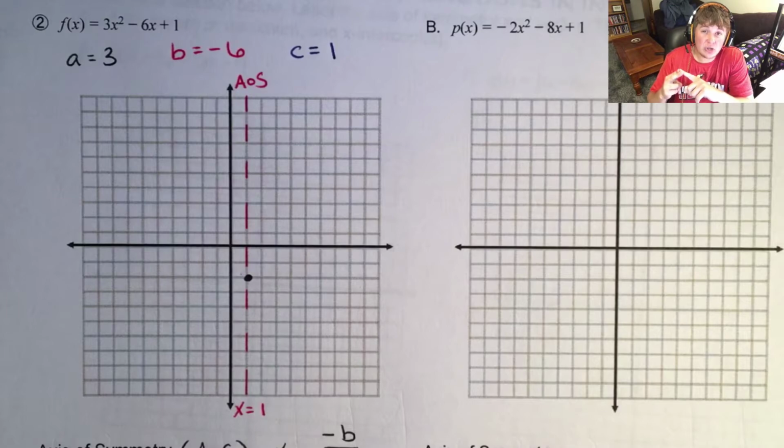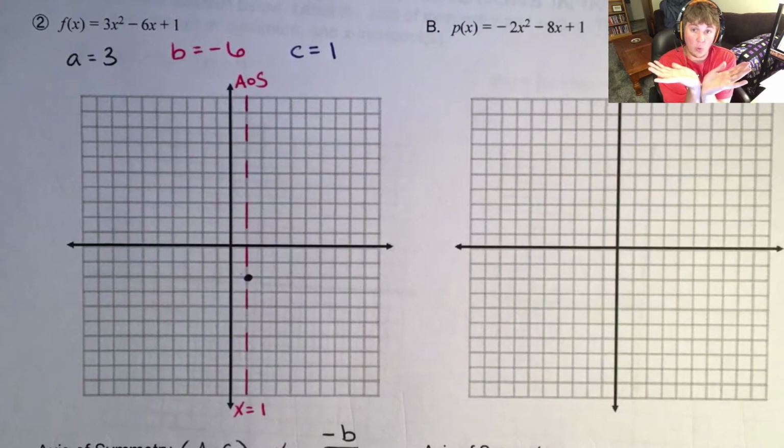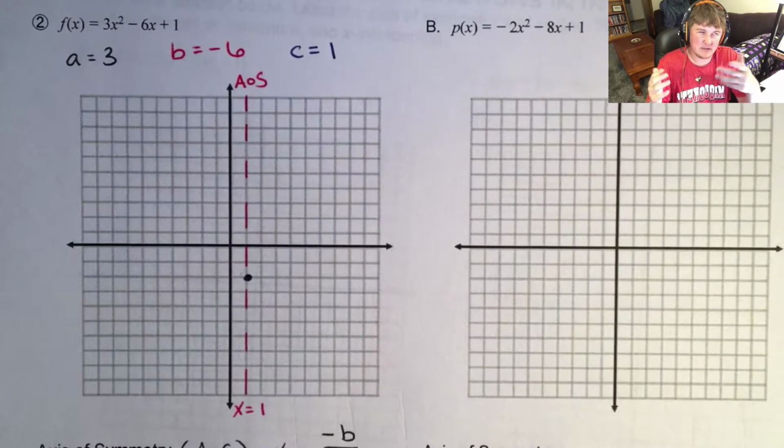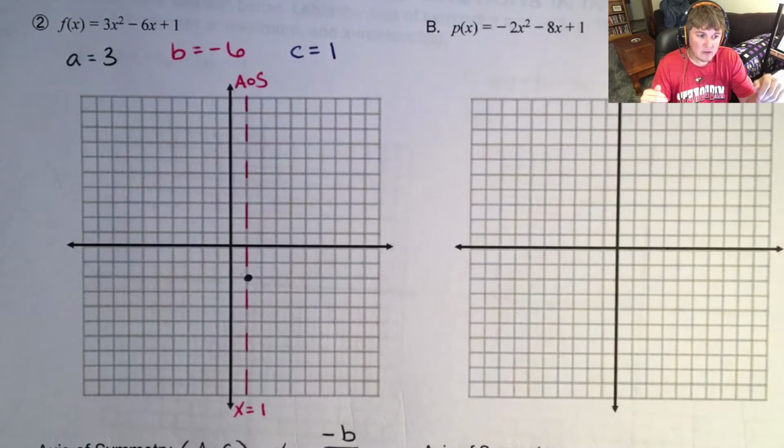It will also impact the width, the wideness or the narrowness, of the parabola. If the absolute value of a is greater than 1, it's going to be narrower. If the absolute value of it is less than 1, it's going to be wider. So it's going to impact it the same.